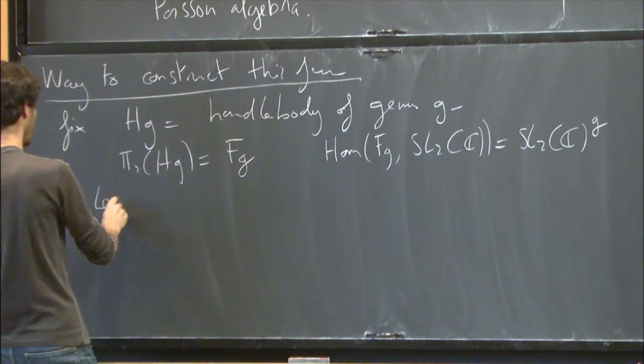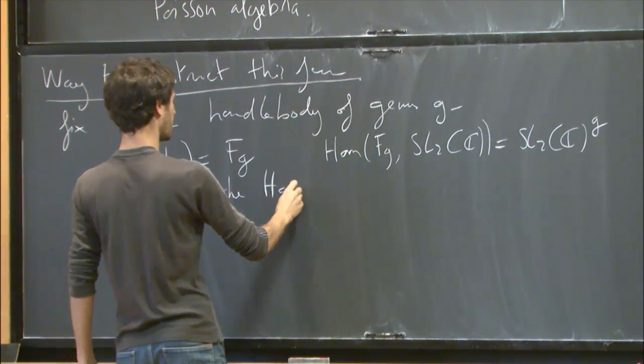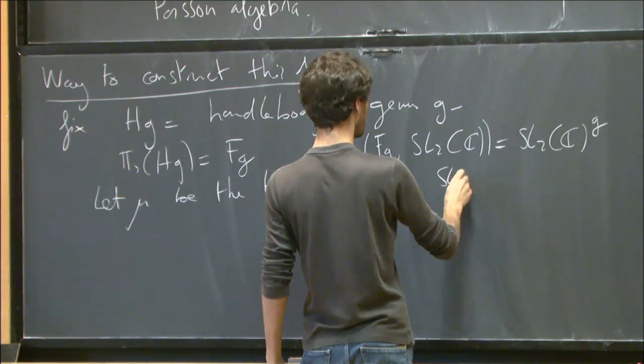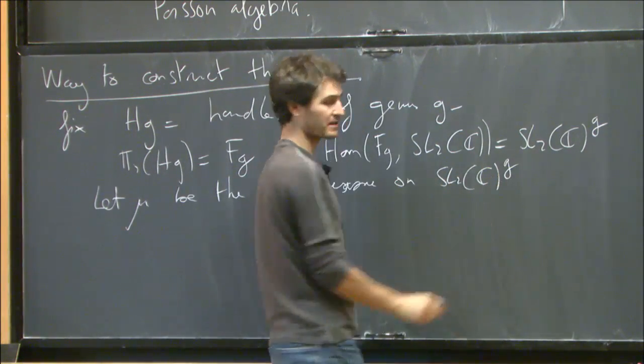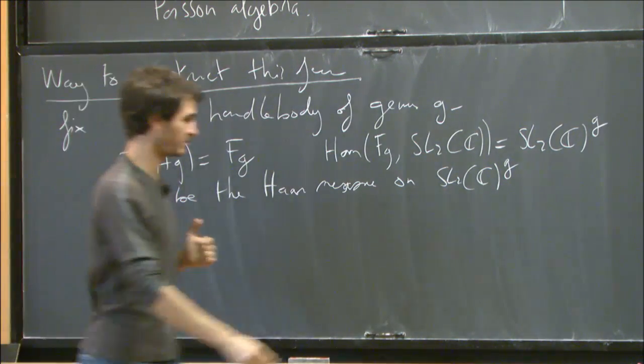So let mu be the Haar measure on that space. But I don't think about it like a measure. I think of it as a volume form, a complex volume form.